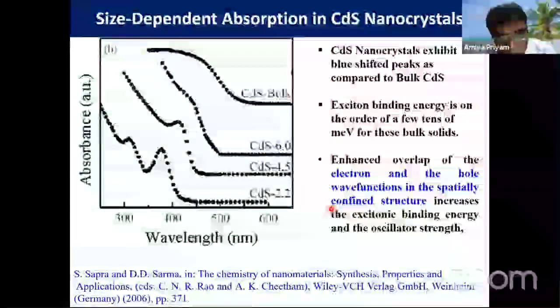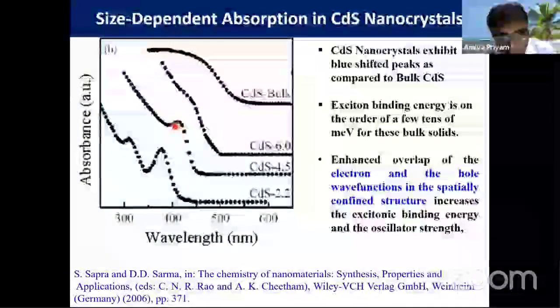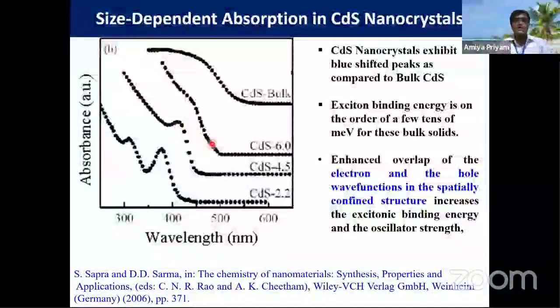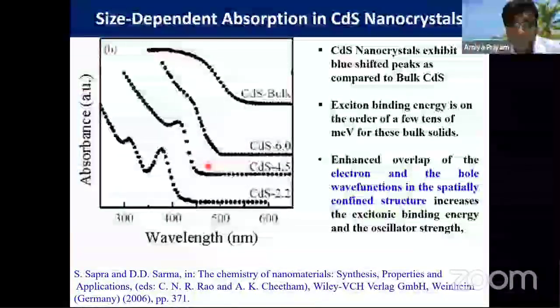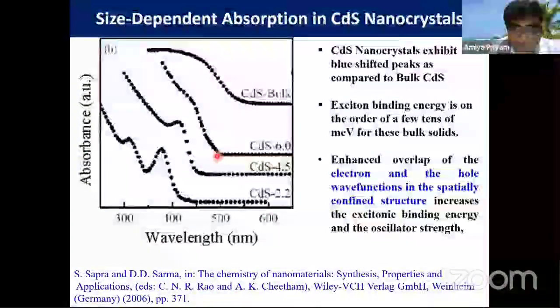So we see a clear peak, because that can only be done by a photon. When a photon is absorbed, only then can that energy be overcome, not by thermal energy. The binding energy cannot be overcome by thermal energy.